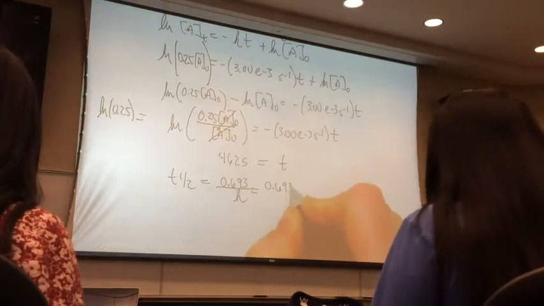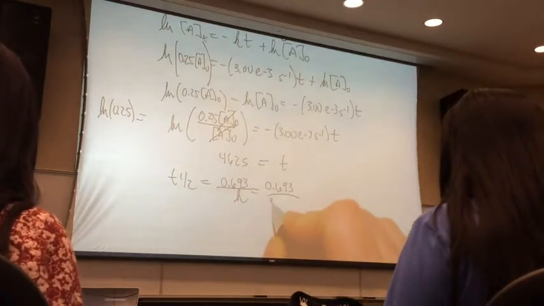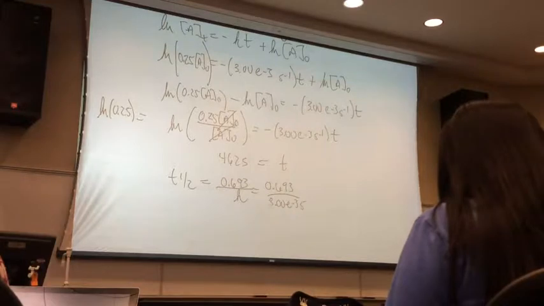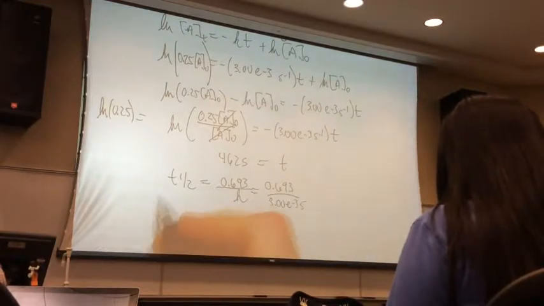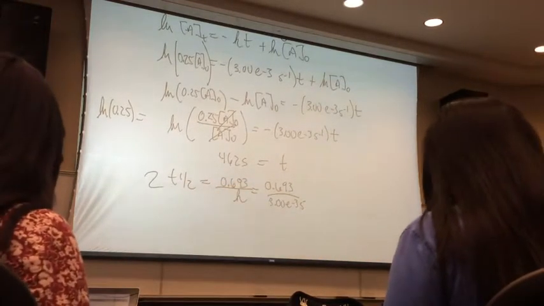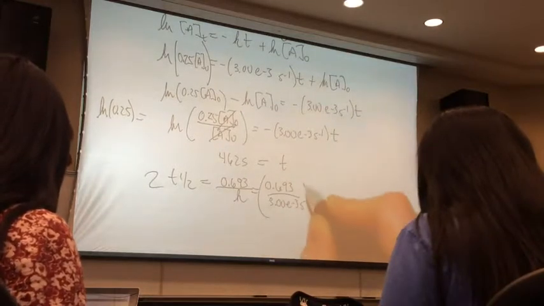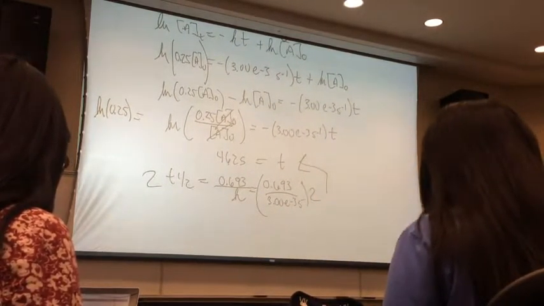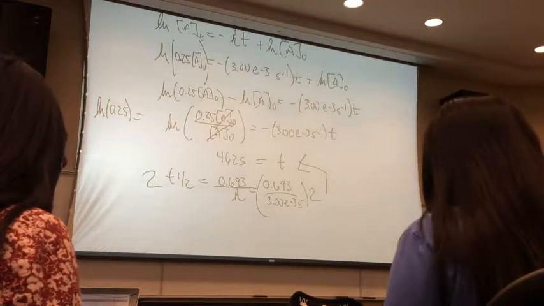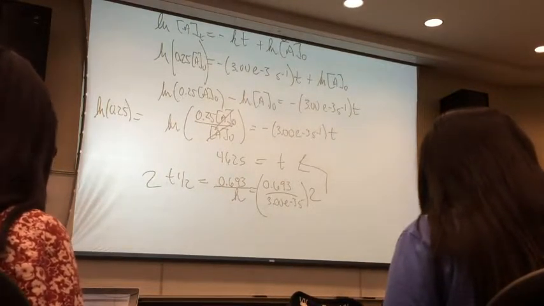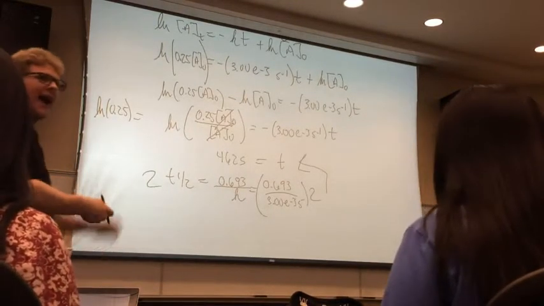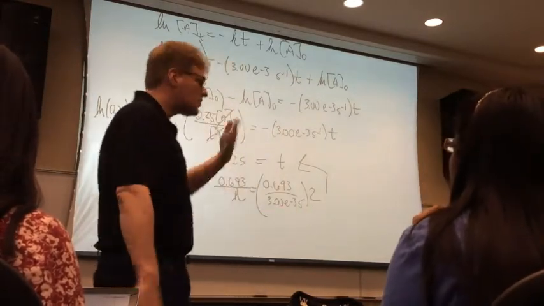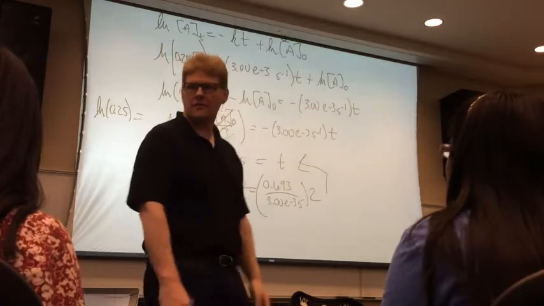So 0.693 divided by 3 times 10 to the minus third inverse seconds, and then you're going to take this times 2 half-lives, and you're going to get that answer. So that's one of those special values: 75% complete is 2 exact half-lives.